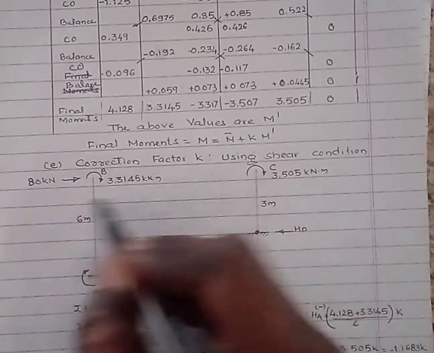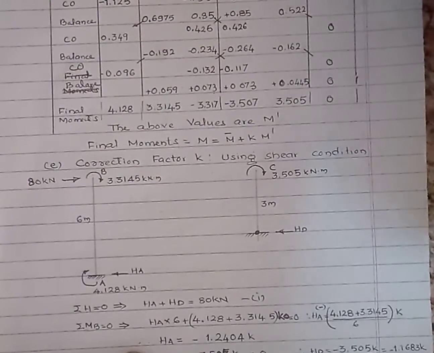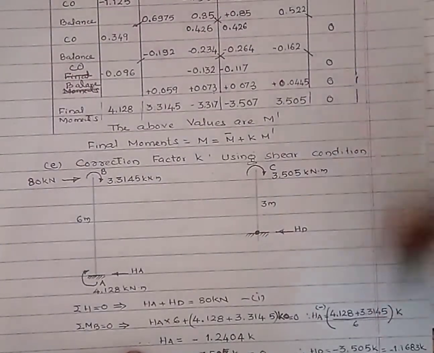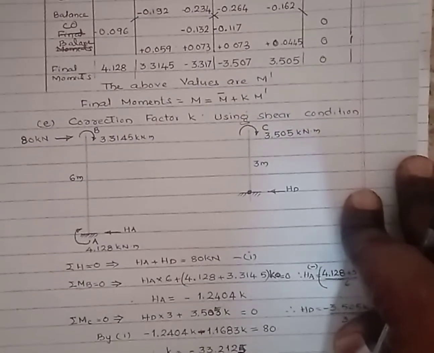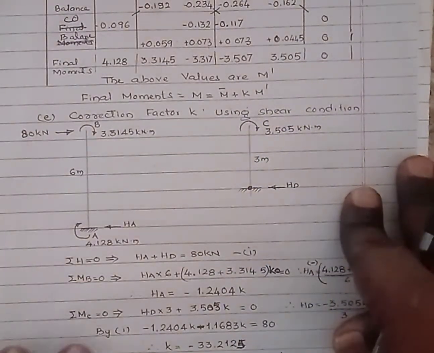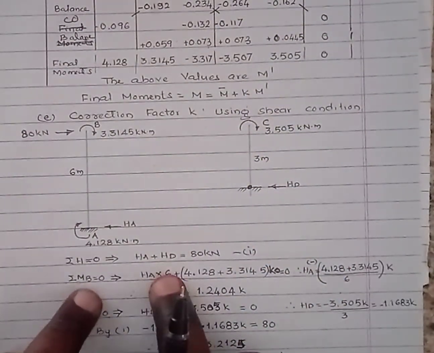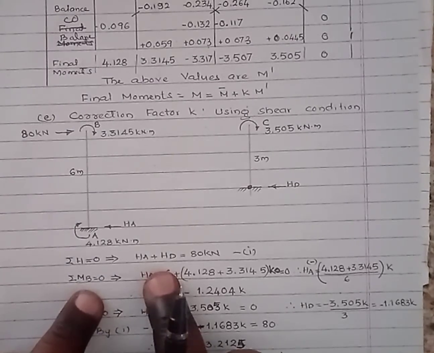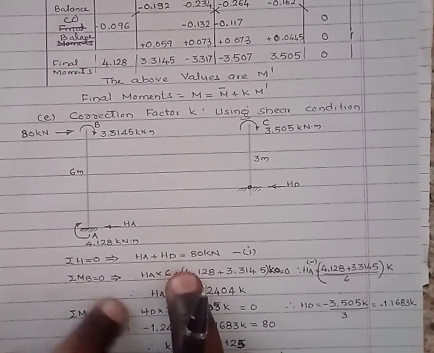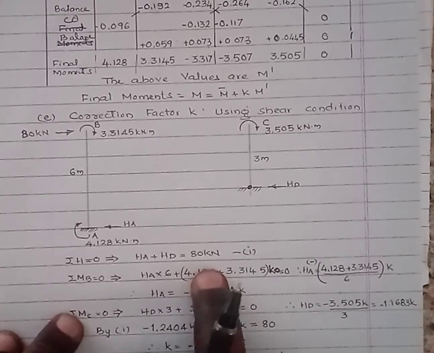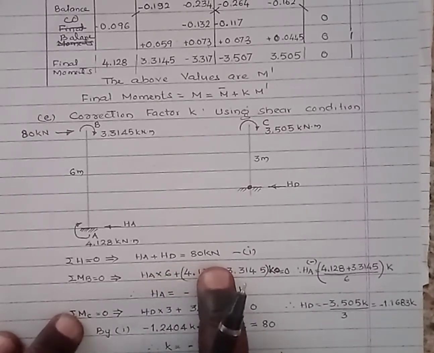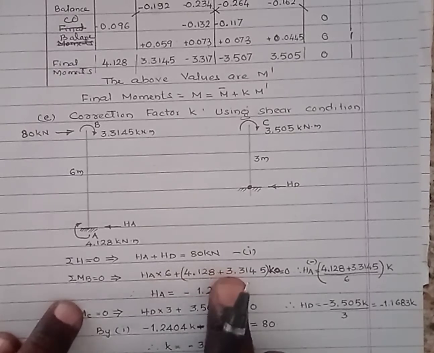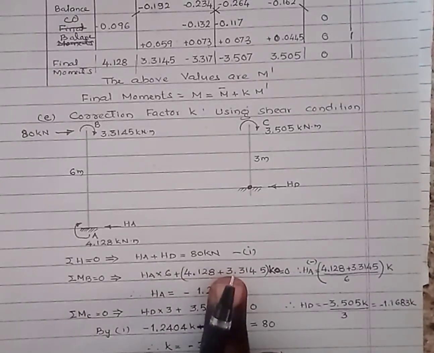This 80 kilonewton force is acting to the right side. Then sum of the forces towards left side equals sum of the forces to the right side, that is HA plus HD equals 80 kilonewton, by equilibrium of the horizontal forces.